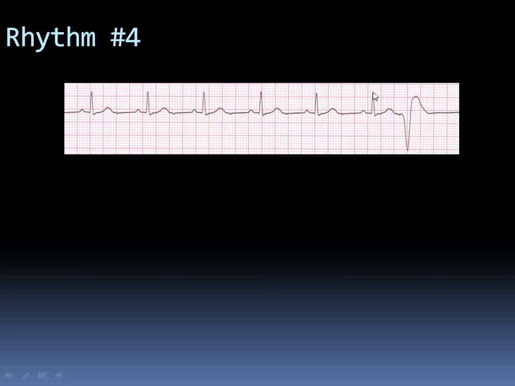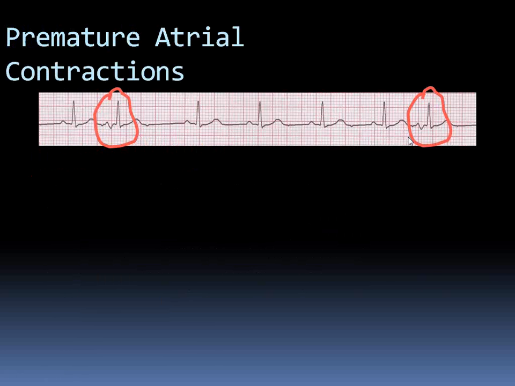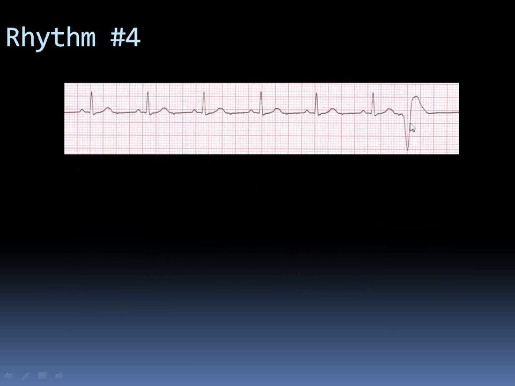This QRS is pointing upwards, and this QRS is pointing downwards, as compared to the PAC which you saw, in which the QRS has the same morphology as the sinus rhythm QRS. See? This QRS looks the same as this QRS, but in this EKG, this QRS looks very different from this QRS.